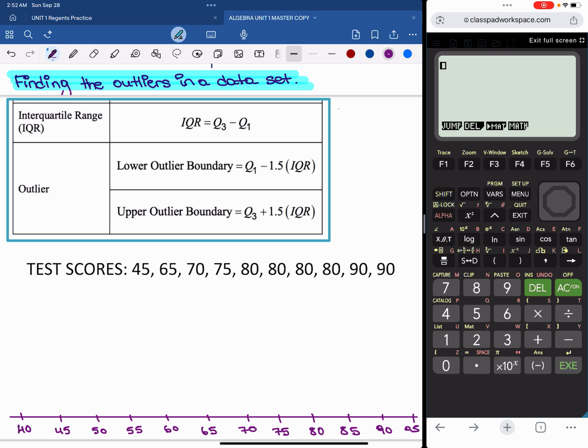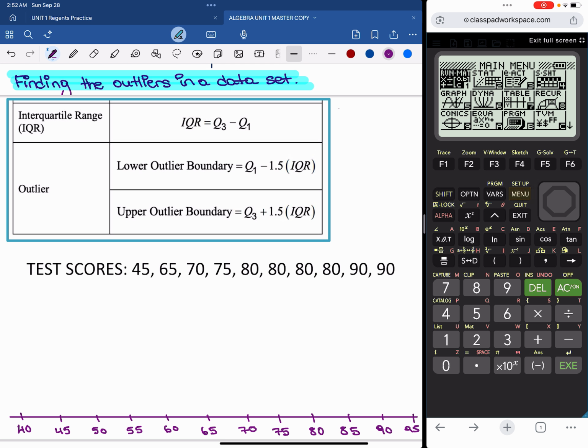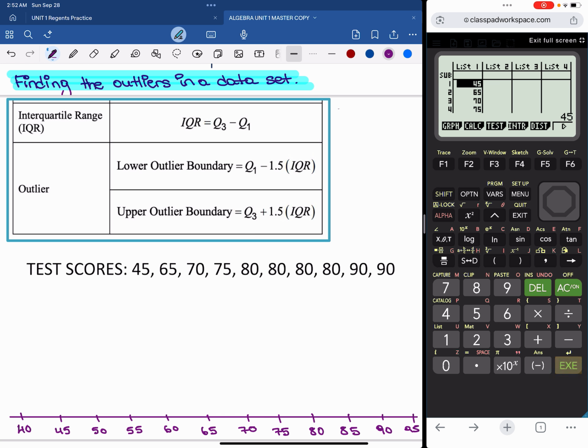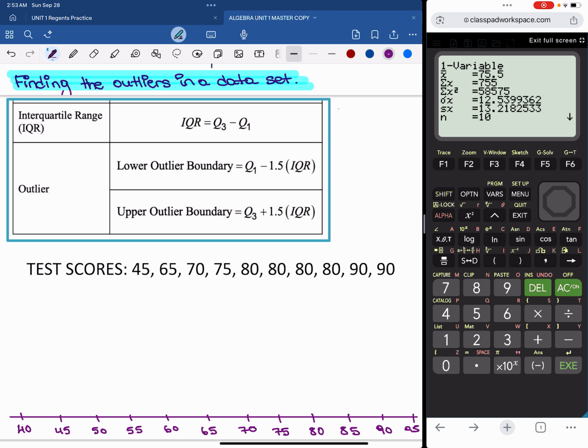So first thing we want to do is find the IQR, which is Q3 minus Q1. So we use the calculator. We're going to go to menu, stat, and enter your data set in list 1, like I already did, and then hit F2 for calc and F1 for one variable statistics.